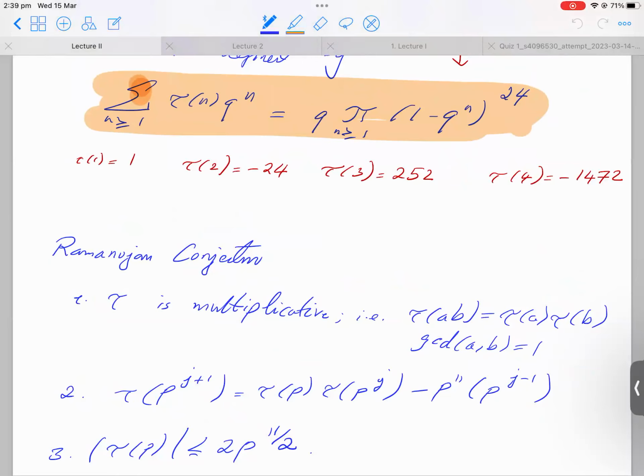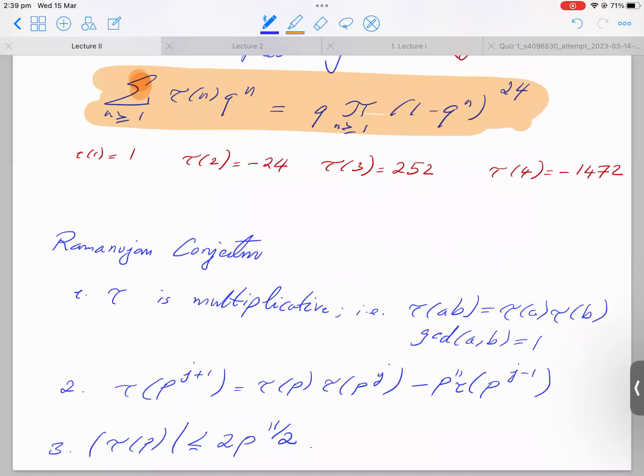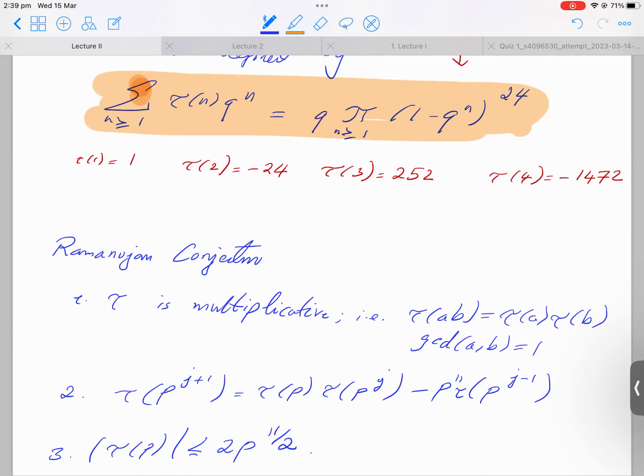And on the prime powers, there's a recursive formula, namely tau of p to the j plus 1 is tau of p times tau of p to the j, minus p to the 11 times tau of p to the j minus 1. And then third was that the absolute value of tau of p is less than or equal to 2 times p to the power 11 over 2.